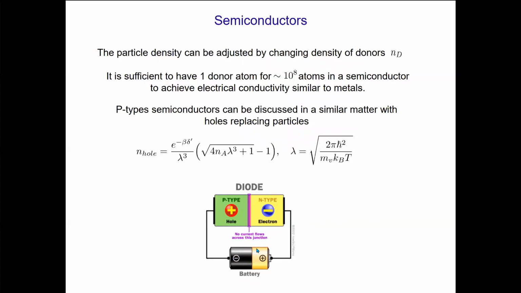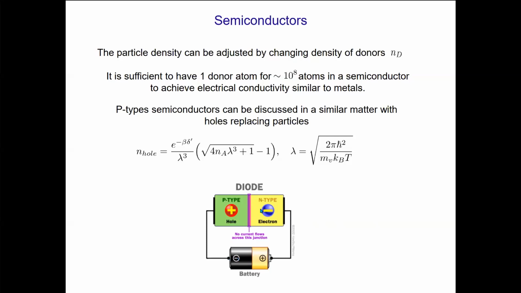When we join a battery to this junction, all free electrons in the n-type want to go in this direction, because they will be attracted to the plus, and all holes will want to go in this direction. And there will be no current across the junction.